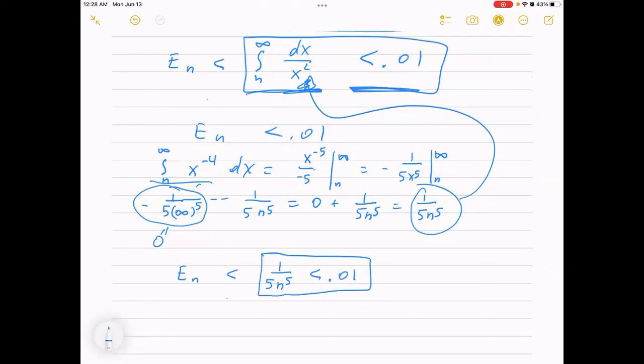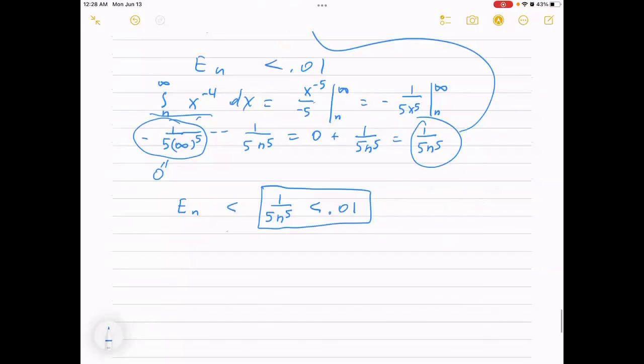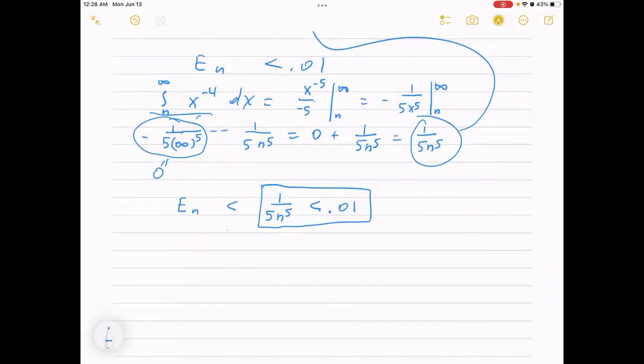We concentrate on the second inequality, and we're going to solve it for n. So 1 over 5n to the 5 is less than 0.01. Multiplying both sides by 5n to the 5, you're going to get 1 less than 0.01 times 5n to the 5. So we're going to get n to the 5 is going to be bigger than 1 divided by 0.01 multiplied by 5.